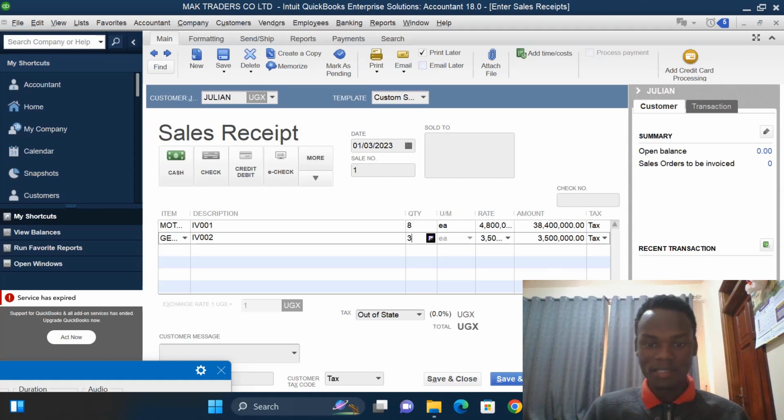And the cash was banked immediately, so save and close.